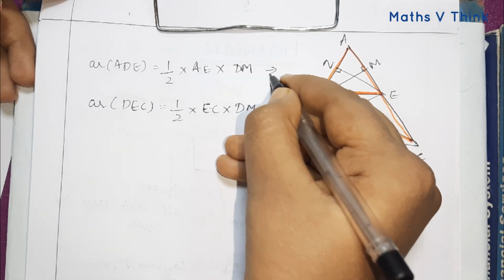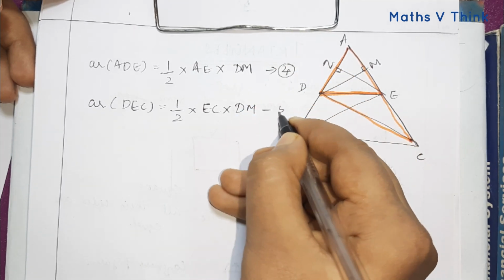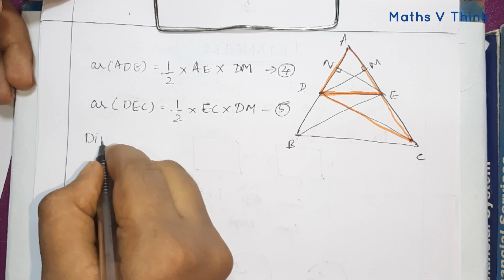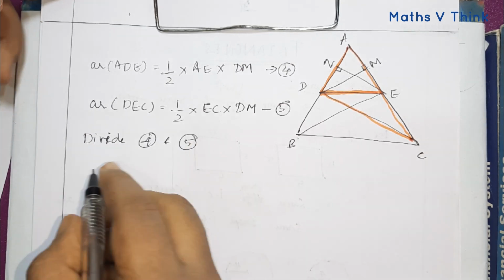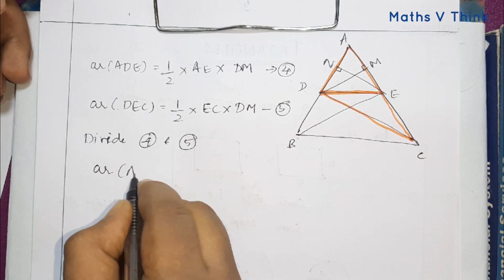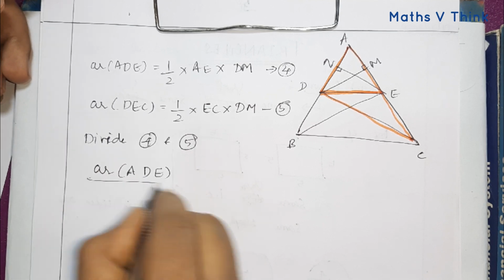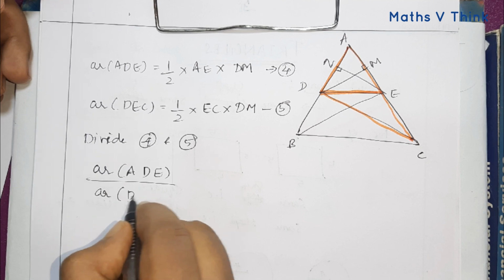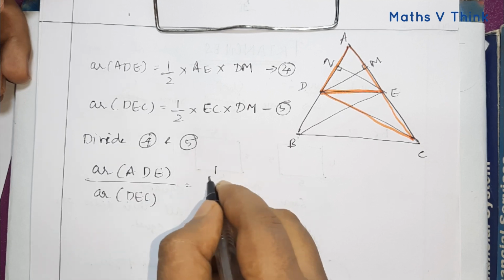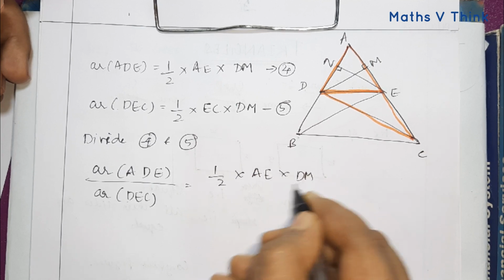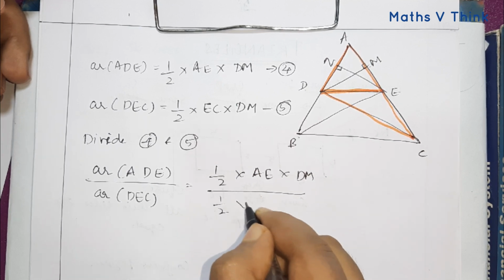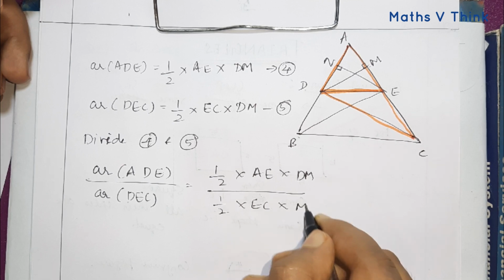So let this be the fourth equation, fifth equation. So divide 4 and 5. By dividing this, area of ADE divided by area of DEC is equal to half into AE into DM by half into EC into DM.